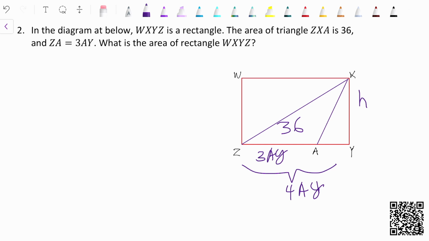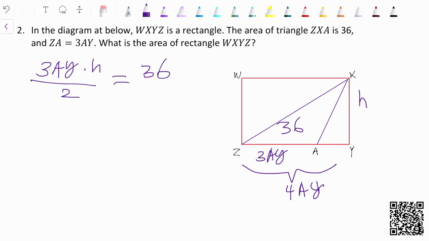And this means that now that we have a bunch of variables, we can start writing an equation. So for triangle ZXA, 3AY times the height, which is also the width of our rectangle, divided by 2, and we know that its area is 36. This means that we can solve for what AY times H is equivalent to, because we don't have two equations, so we can't solve for both variables.